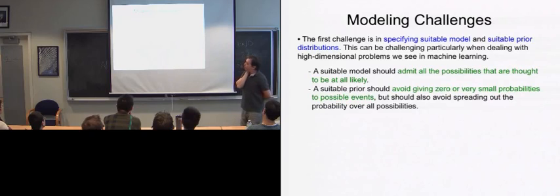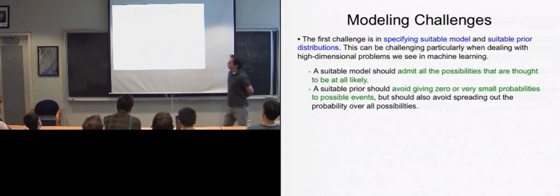Now, a suitable model, a good model, should admit all the possibilities that are thought to be at all likely. So you want to design a model such that this model actually gives some probability to events that can happen. A suitable prior should also avoid giving a probability of 0, or a very small probability, to possible events.